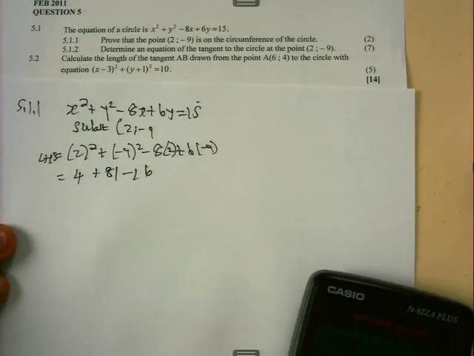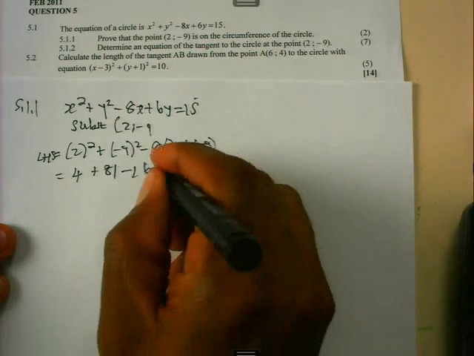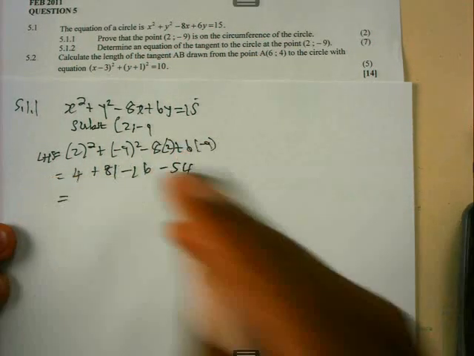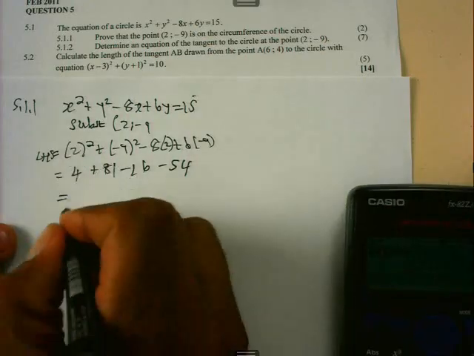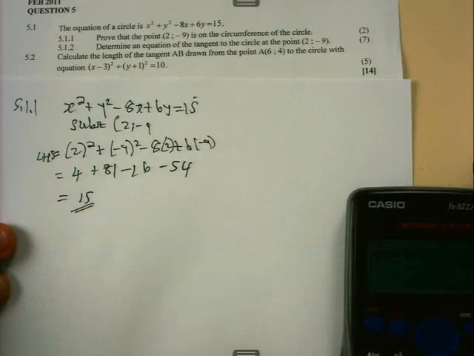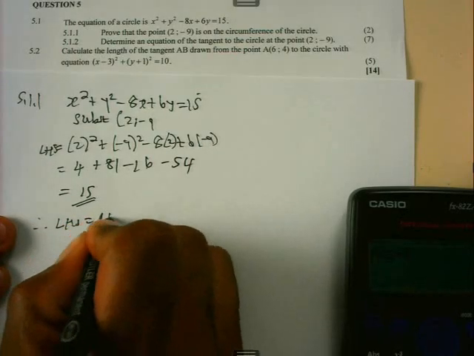And then 6 times minus 9 is minus 54. Minus 54 minus 16 is minus 70. Then plus 81 is 11, and plus 4 is 15. Therefore the left-hand side is equal to 15, and you can see the left-hand side is equal to the right-hand side.